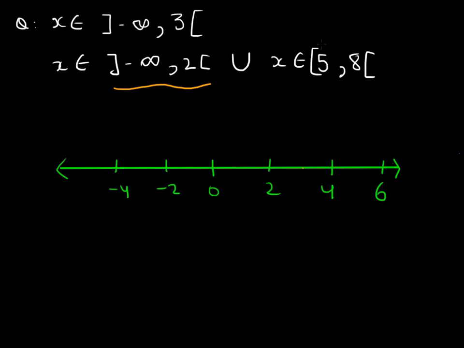Note here that because the bracket is inside or towards or facing 5, 5 will be included in the possible values of x for the second part here.